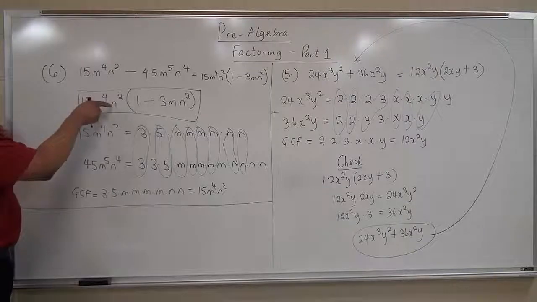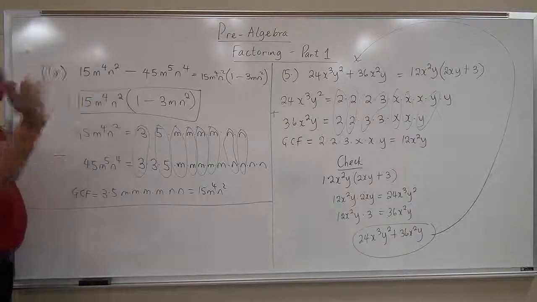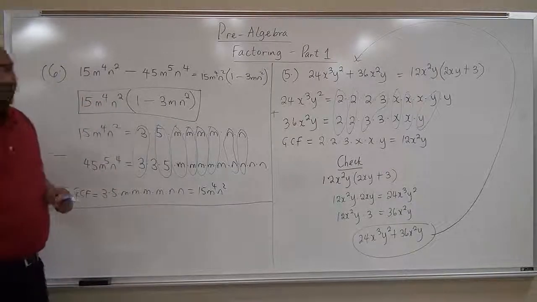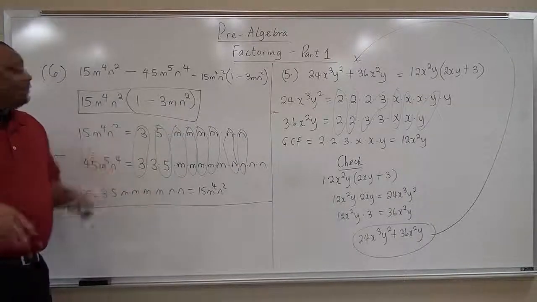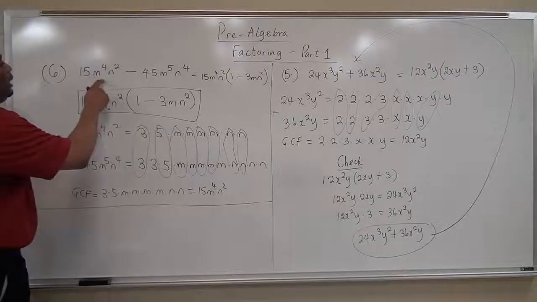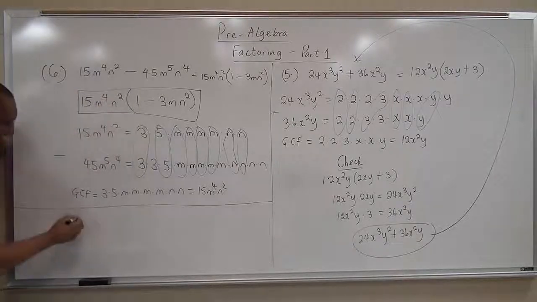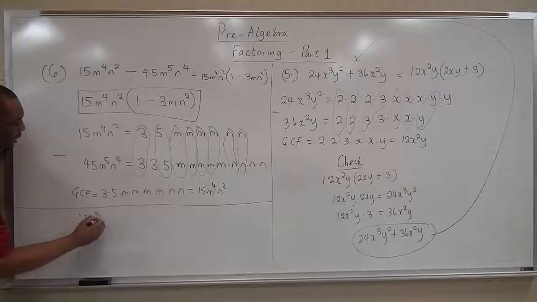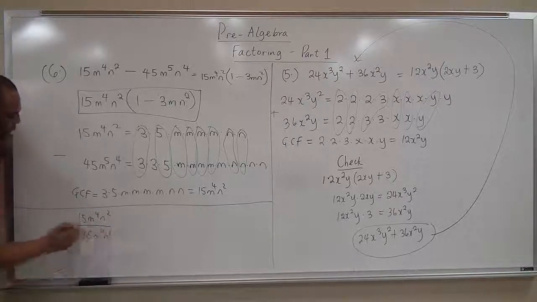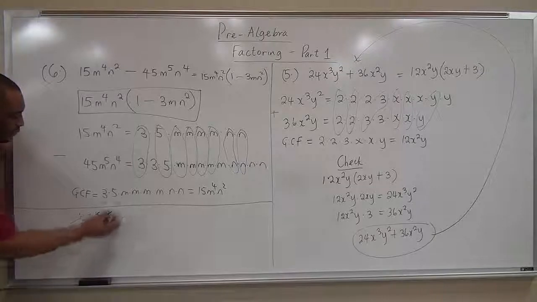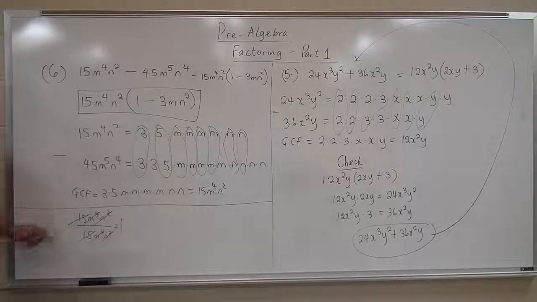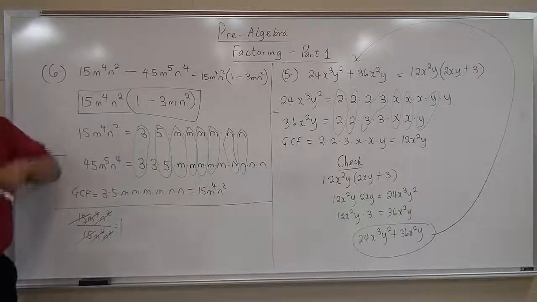When you bring out the GCF, and I explained this in the factoring quadratic trinomials video, this means 15m⁴n² divided by 15m⁴n². So this will be 15 divided by 15, m⁴ divided by m⁴, n² divided by n², which gives you 1. You can't say 0.